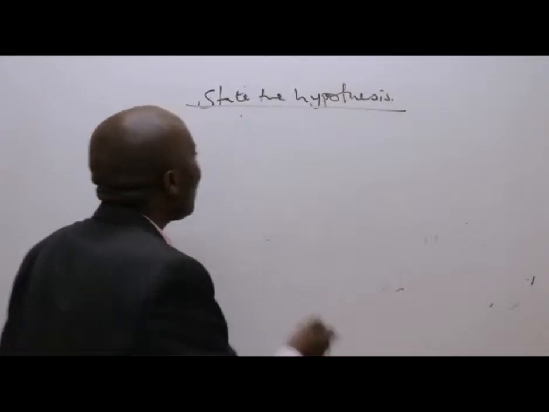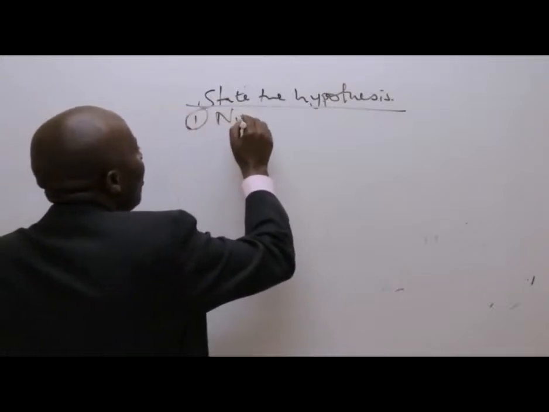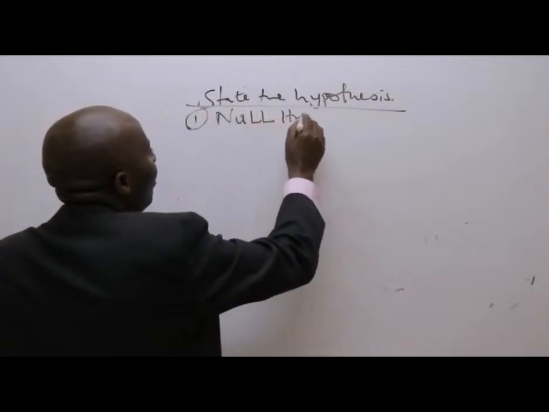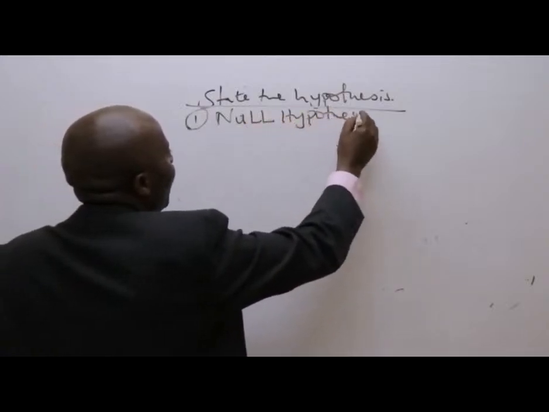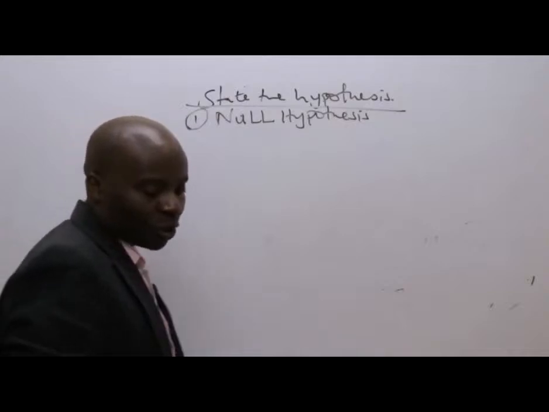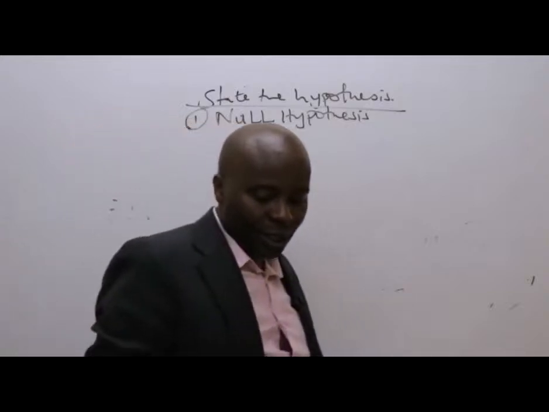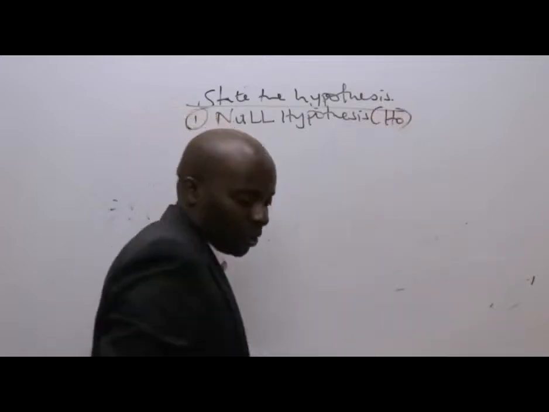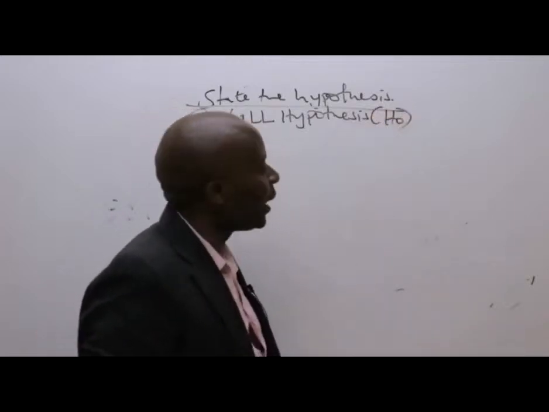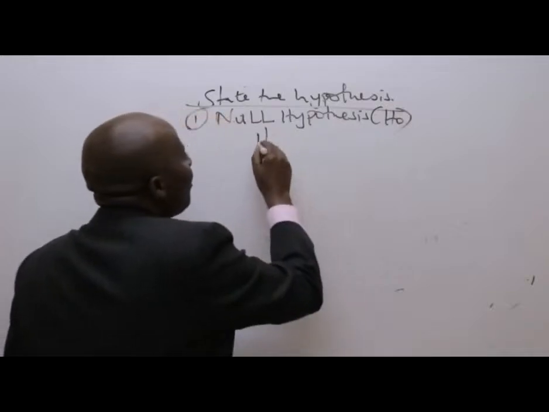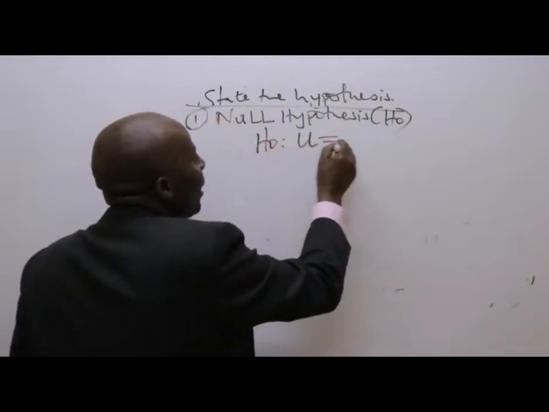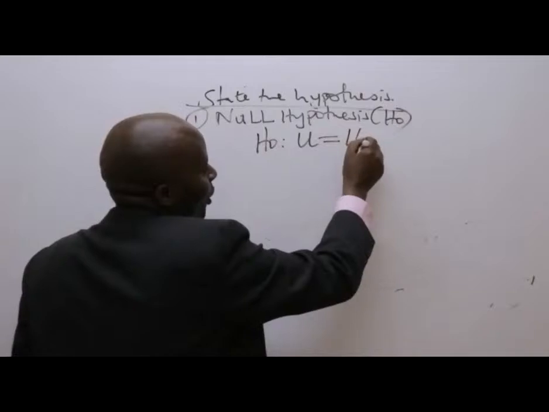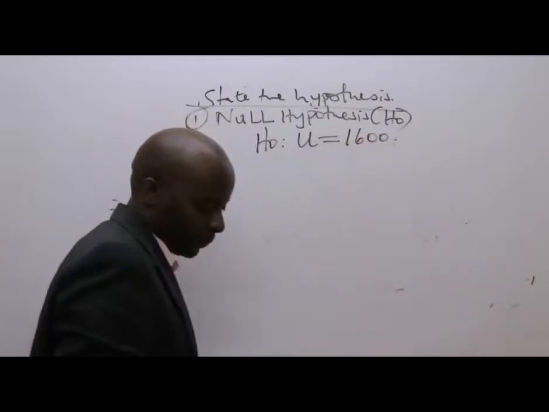The first claim being the one of the null hypothesis. What do we call the null hypothesis? So my null hypothesis here, what we shall be abbreviating as H0, says that my U will be equal to 1600.